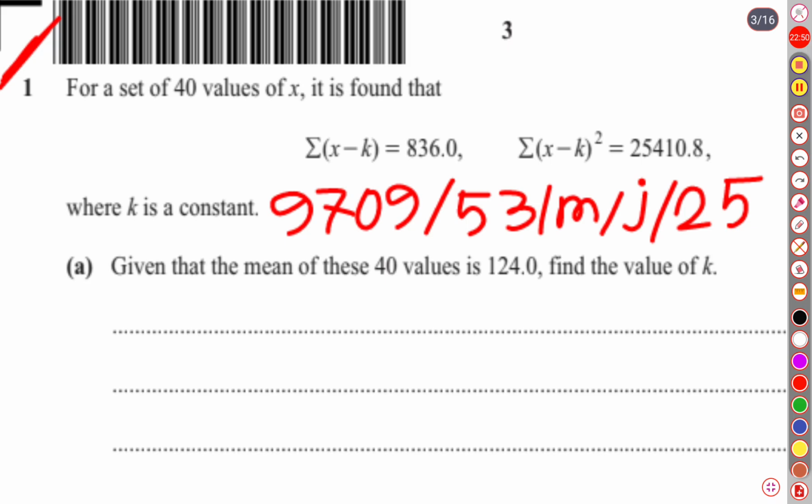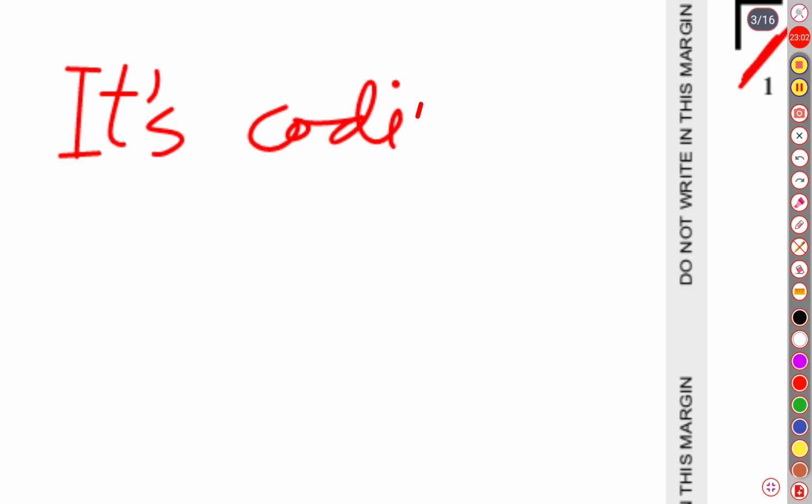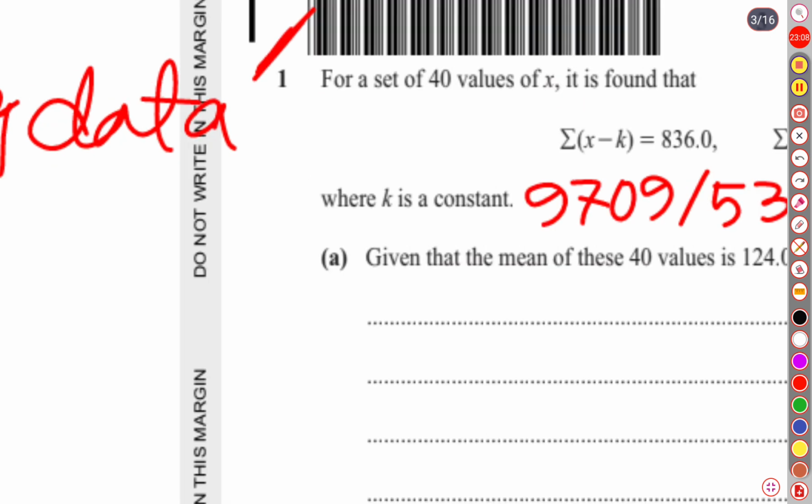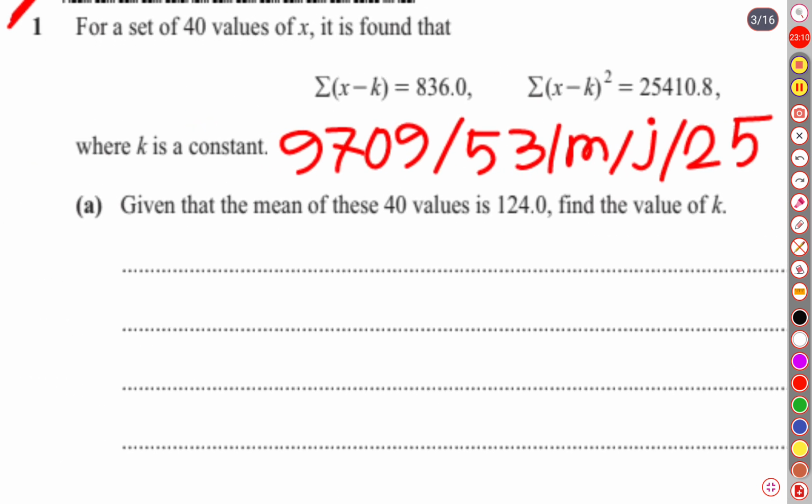So we should not forget that this is coding data. For coding data, how will we solve this?